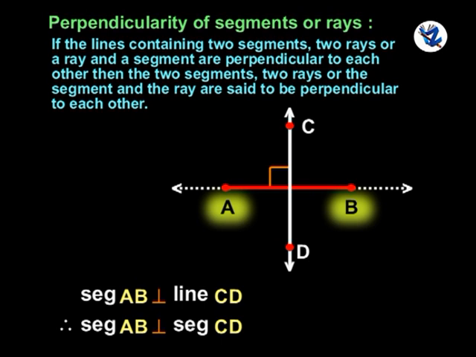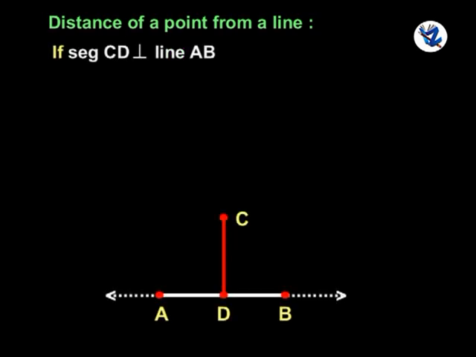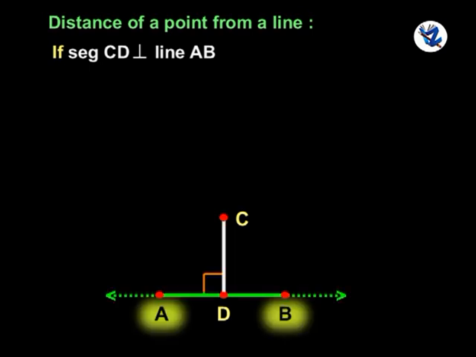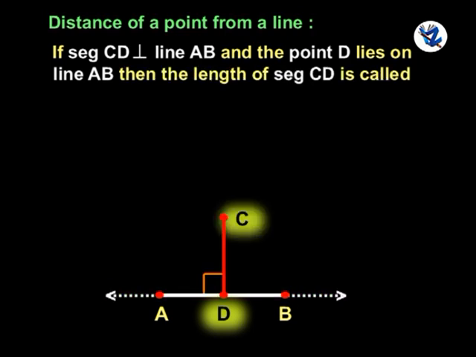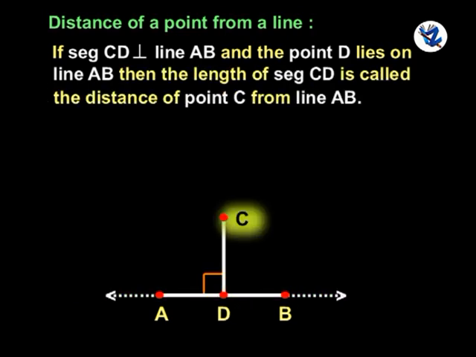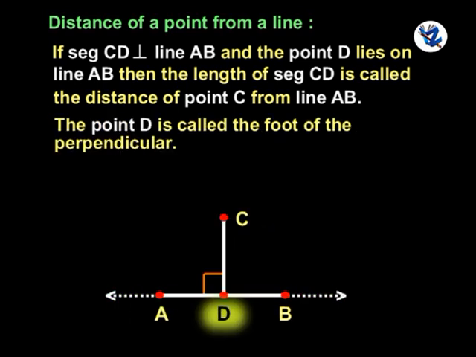Seg AB is perpendicular to seg CD. Then distance of a point from a line. If seg CD is perpendicular to line AB and the point D lies on line AB, then the length of seg CD is called the distance of point C from line AB. The point D is called the foot of the perpendicular.